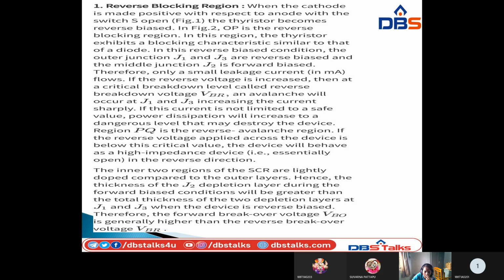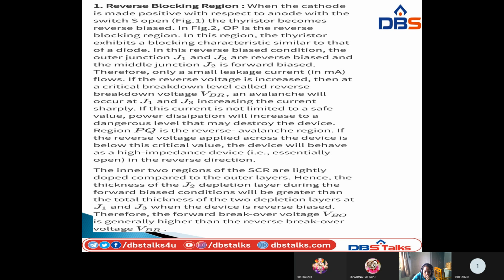Avalanche occurs at J1 and J3, increasing the current sharply. If this current is not limited to a safe value, power dissipation increases to a dangerous level that may destroy the device, region PQ.